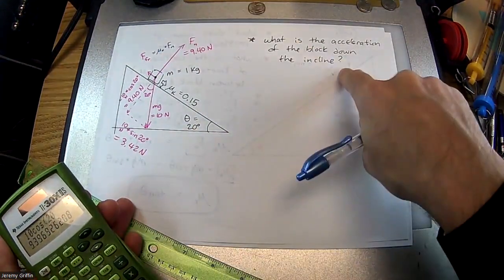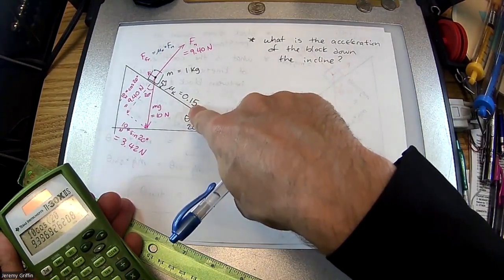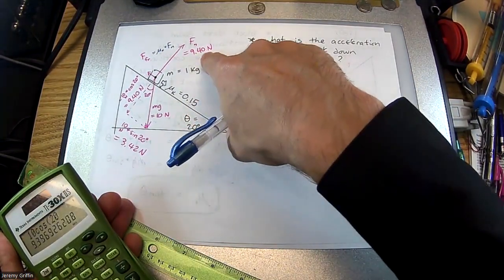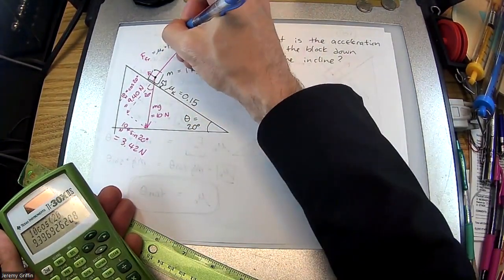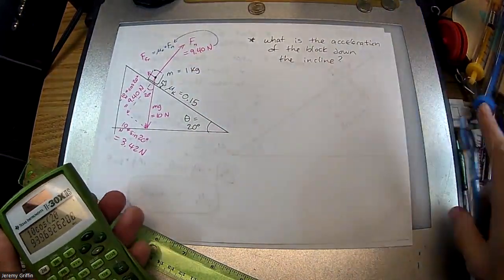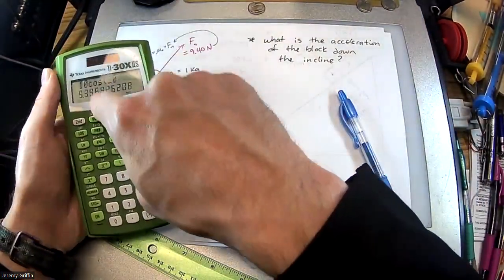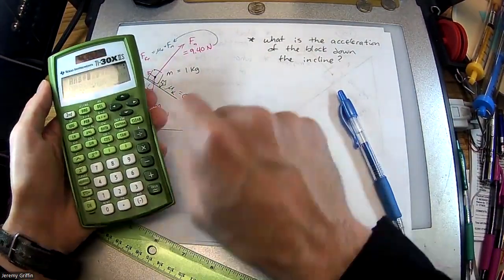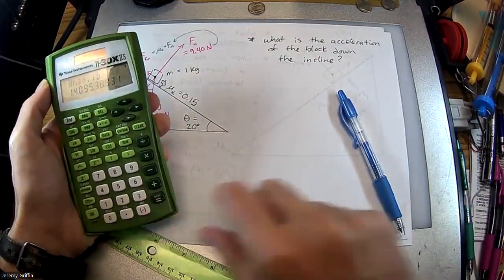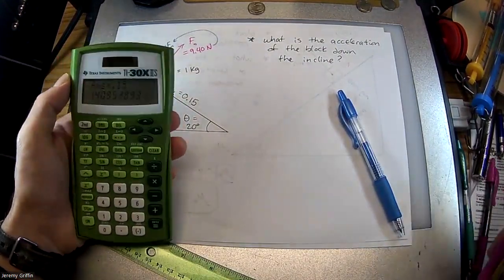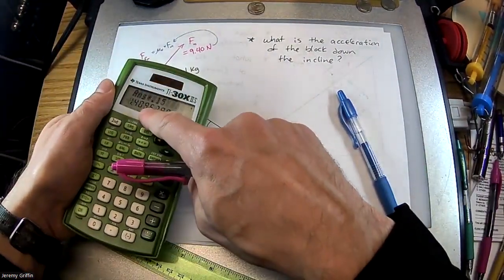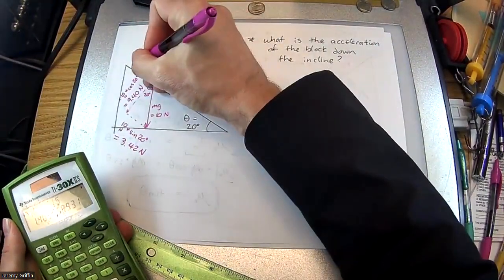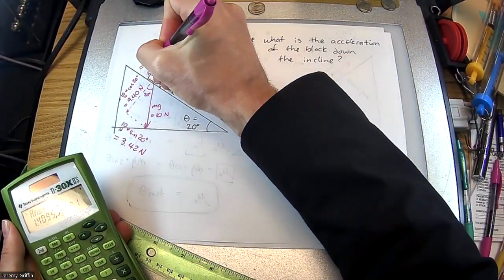I gave you the coefficient of friction, it's 0.15, and I just found the normal force, so that's going to sub in right there. Multiply 9.40 by 0.15, and that tells me the friction force is 1.41 newtons.